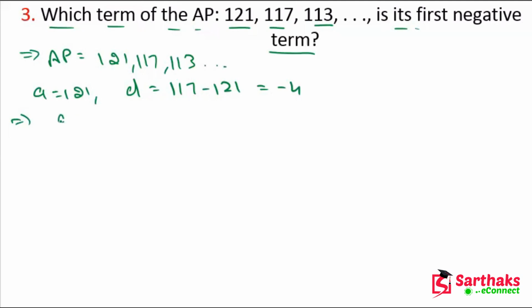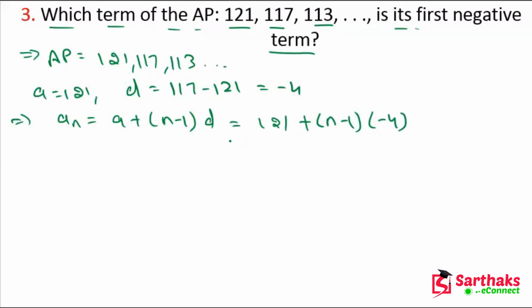For n, we have an is equal to a plus n minus 1 into d. We know a and d but we don't know the value of n, and here we are putting the value of a and d. Now we get 121 plus n minus 1 into d, and d is minus 4.